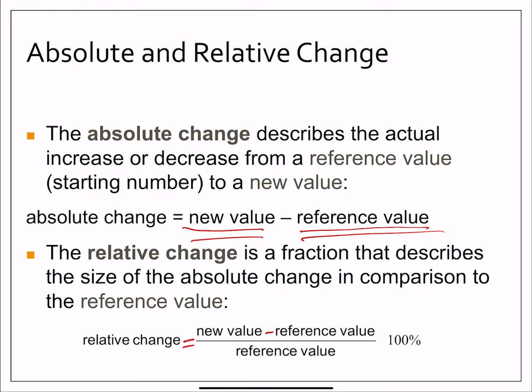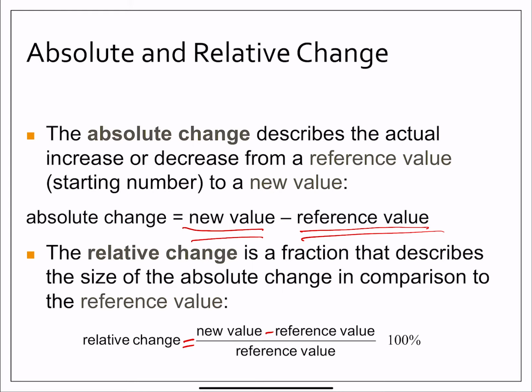To do the relative change, you do the absolute change divided by the reference value. The reference value is whatever value you are comparing something to or started with. So in essence, it's the new value minus the old value, divided by your reference value.